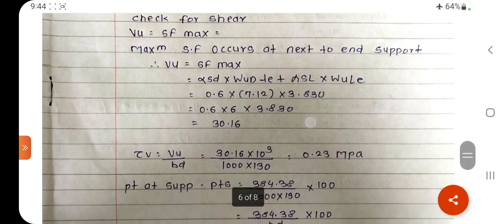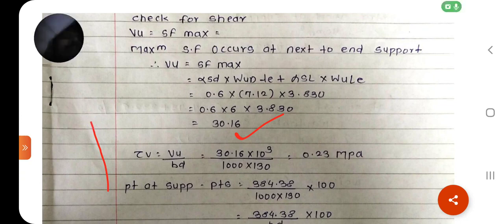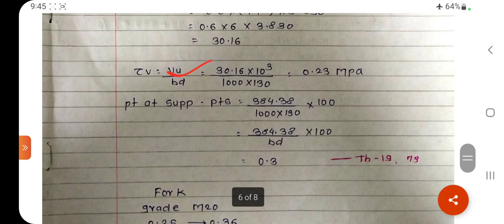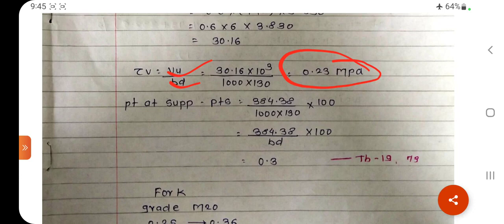Substituting the values and the coefficients calculated, we have the maximum shear force as 30.16 kilonewton. Then we calculate the tau V. Tau V is equals to VU divided by BD, which is equals to 0.23 MPa.